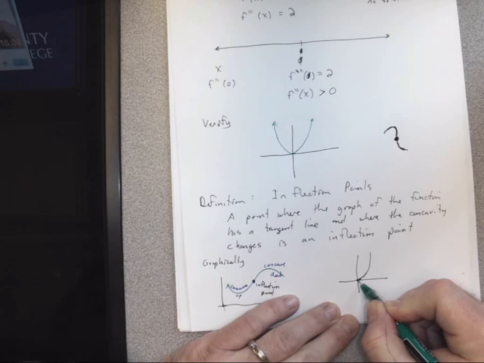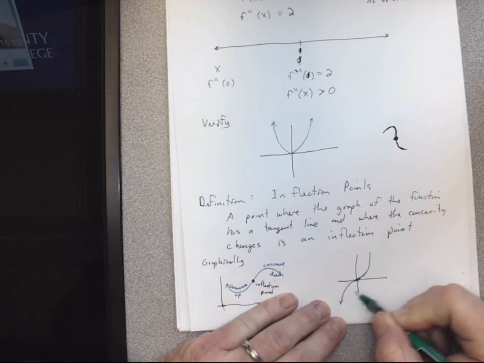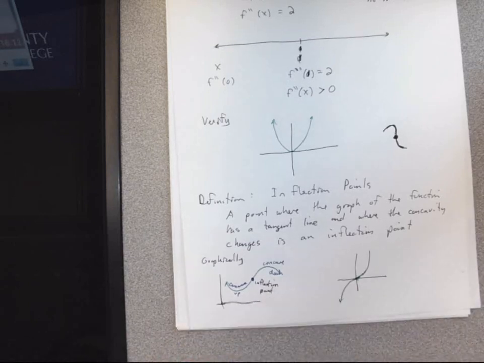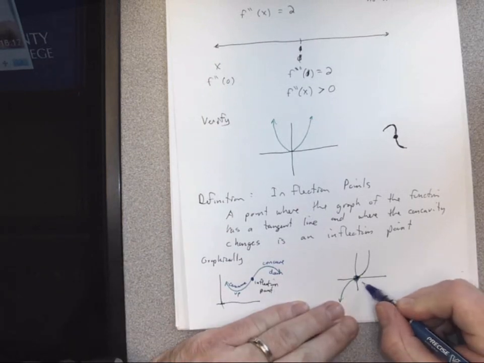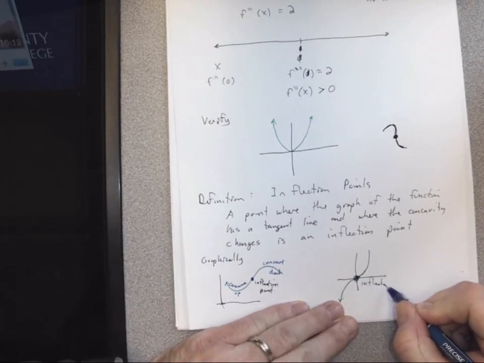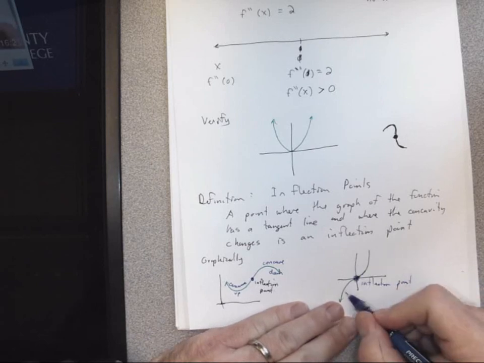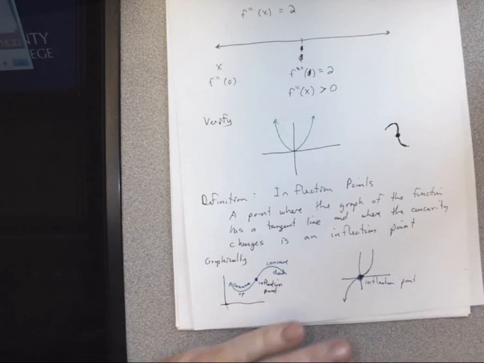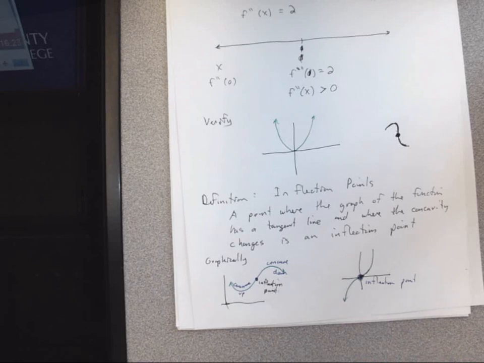Should be more flat, but oh well. So that right there is x cubed, and this point right here is our inflection point again. Concave down, concave up. All right, so what we need is a theorem to be able to find those inflection points. It's funny as we've actually already found them, and just haven't defined them yet.